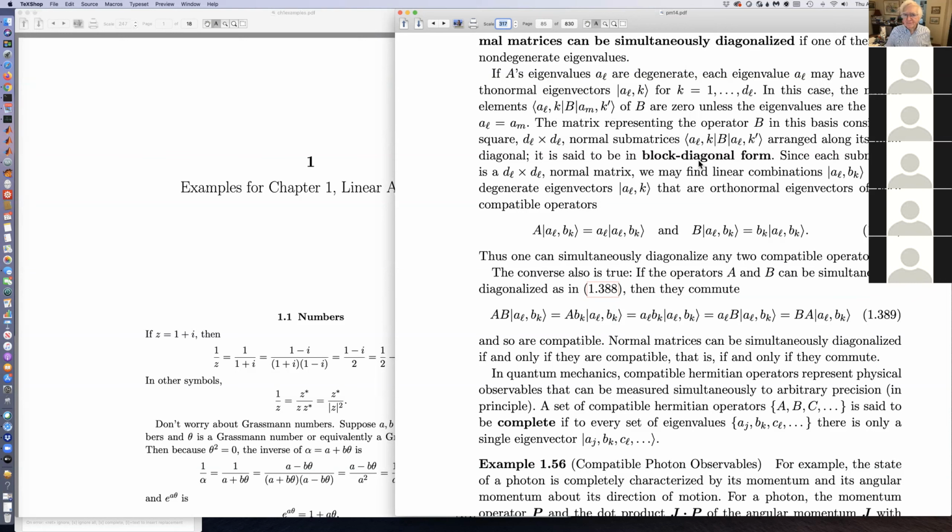And so if two operators or two matrices are compatible, then in the basis in which one of them is diagonal, the other one will always be in block diagonal form, which is to say that instead of having numbers on the main diagonal and zeros everywhere else, it has a sort of avenue of diagonals, and on that there are chunks.